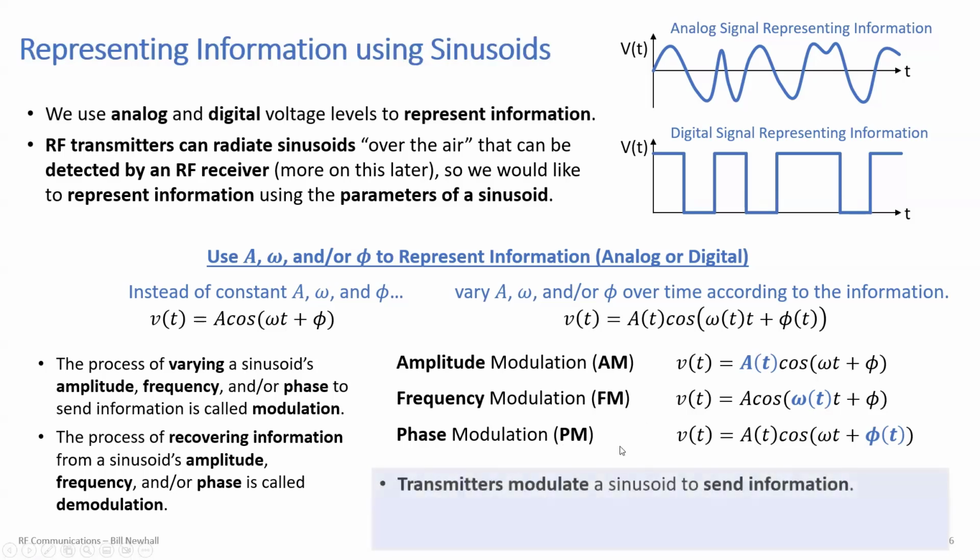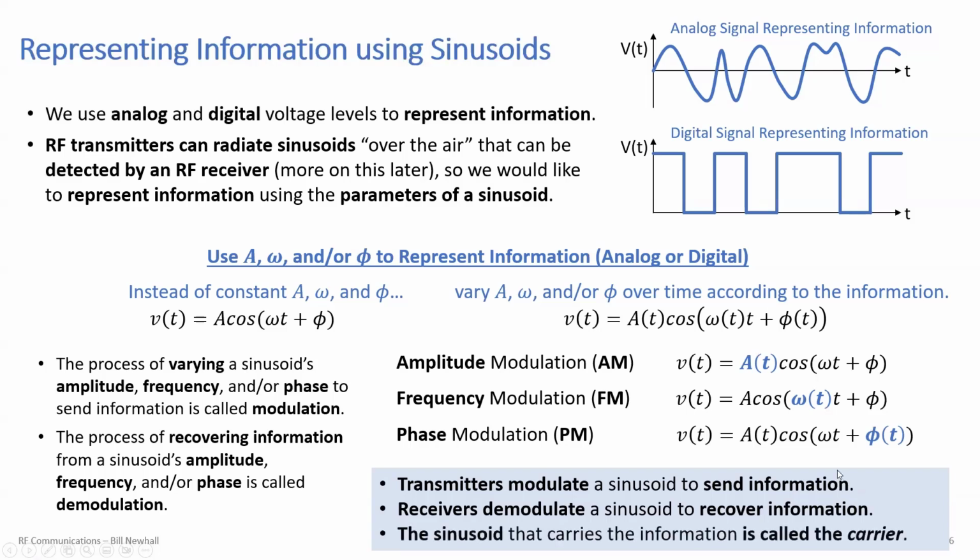But the big takeaway here is transmitters modulate a sinusoid to send information. Receivers demodulate a sinusoid to recover information. And that sinusoid has a special name. We call that sinusoid the carrier. The sinusoid that's carrying this information is called the carrier.